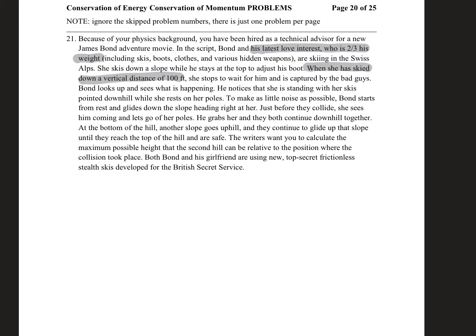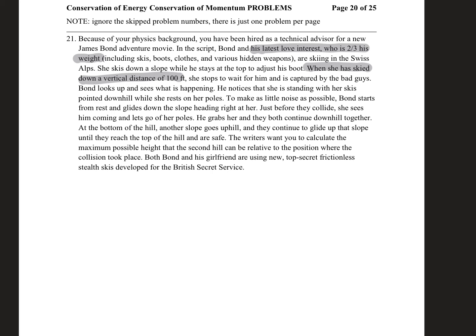Not given a lot of other data. Standing with her skis pointed downhill while she rests to make as little noise as possible. He starts from rest and just glides, heading right to her. Before they collide, she sees him coming and lets go of her poles. He grabs her, and they both continue downhill.